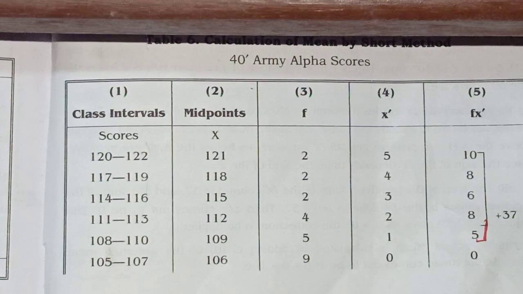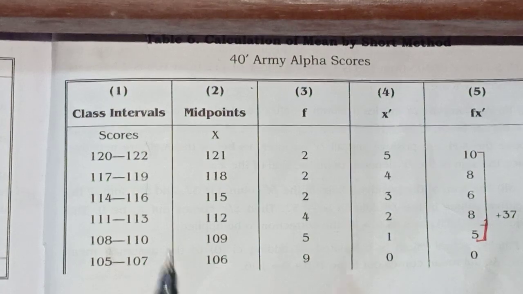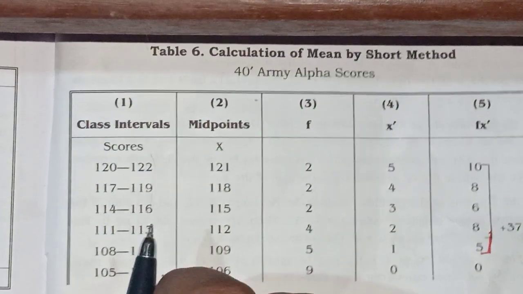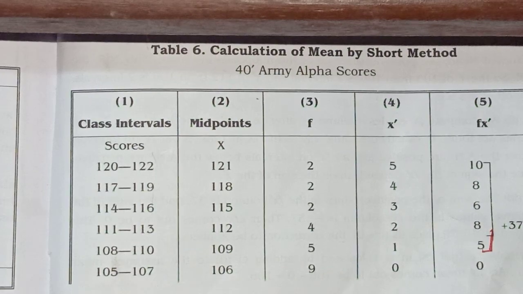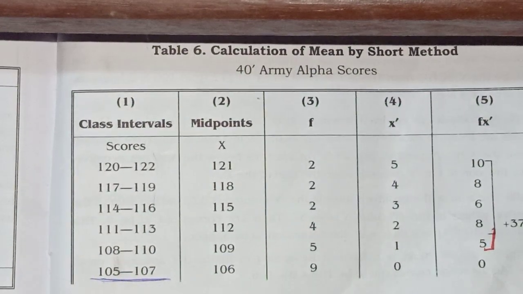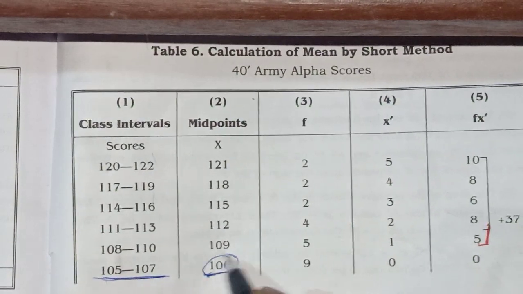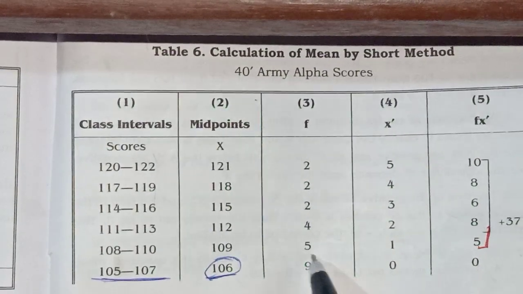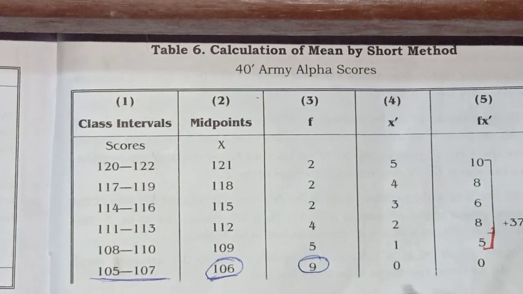Okay, in this method, the short method of determining the mean, we have to assume a midpoint, above which and below which are the same number of scores. So this is the midpoint. Midpoint is 106. This is the mid class interval. This is the frequency of the midpoint.